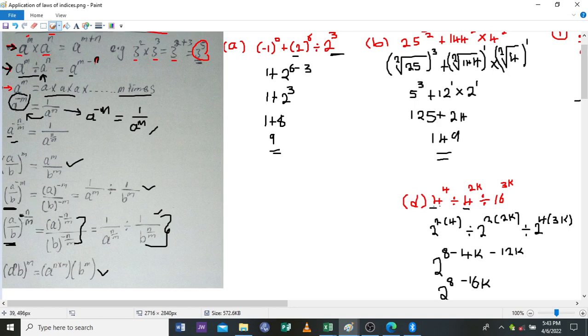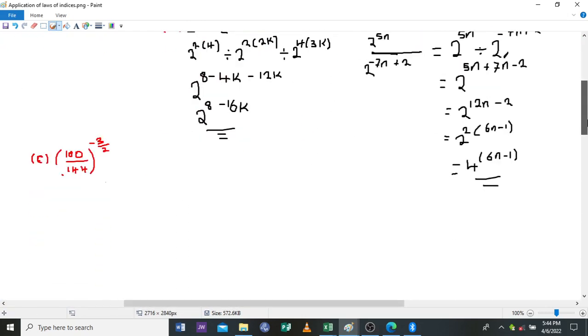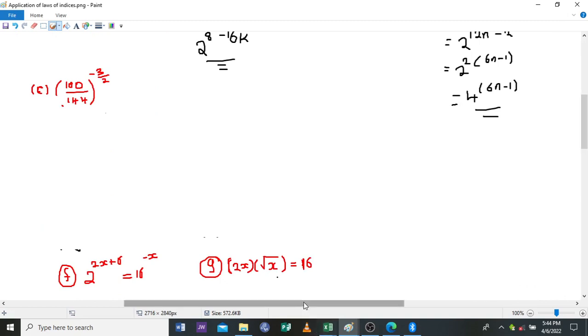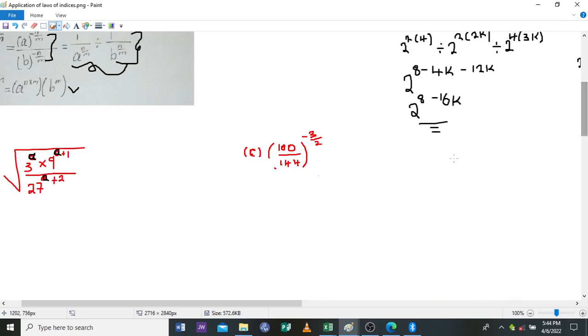So if we have this, the power can be split to the numerator and to the denominator, and then after that we can divide that expression. So we are going to do the same to solve our question here, and we are going to apply that law.